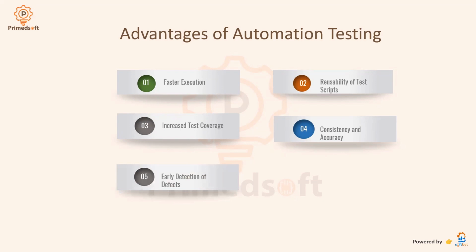Okay, so early detection of defects. Automation facilitates early and frequent testing. Let's say you have a huge software that you are testing manually. You could do your test manually, and then you don't have the capacity to go over and over again.